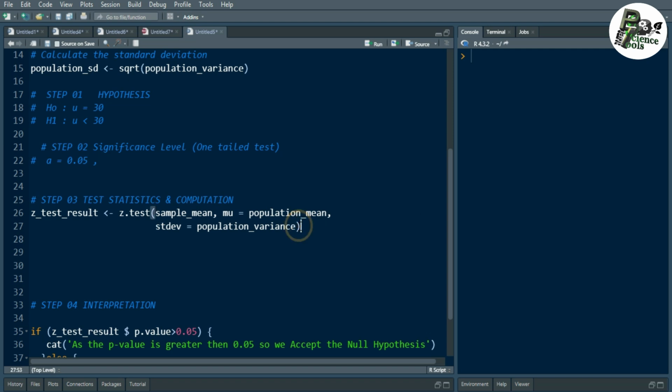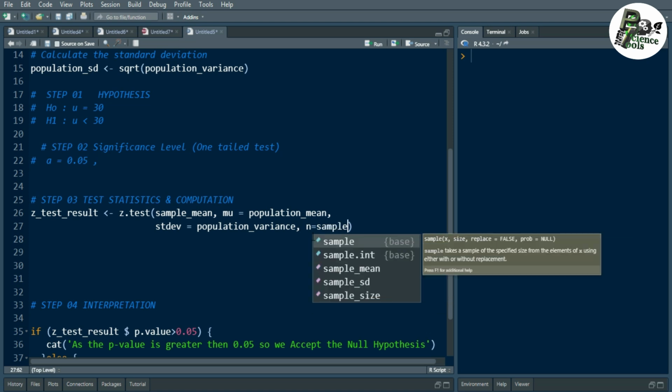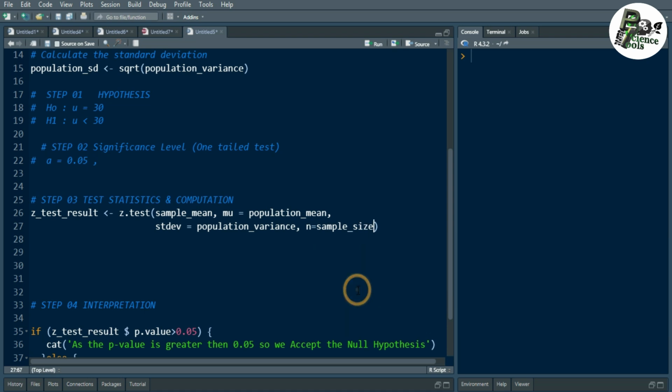After this we also need n, the total number of values, which in this case is the sample size, 10. Then we also need the alternative.